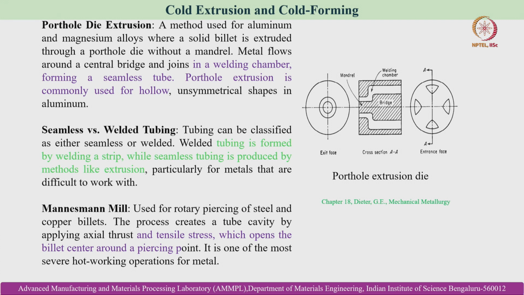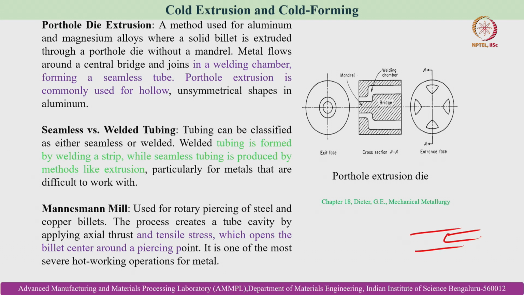Then the Mannesmann mill. It is used for rotary piercing of steel and copper billets. The process creates a tube cavity by applying axial thrust and tensile stress, which opens the billet center around a piercing point, and it is one of the most severe hot working operations for metal. You can understand it is basically twofold.